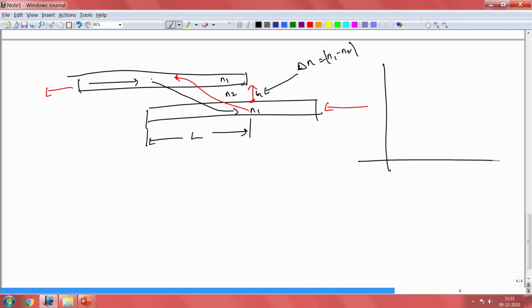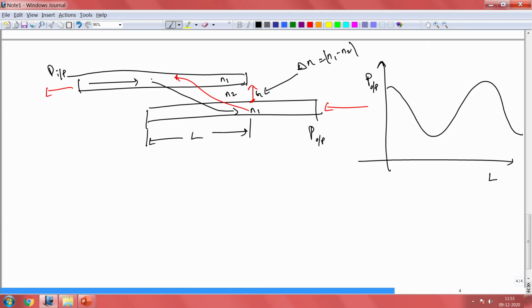So, when there is a change in length, the coupling, let us say power, let us say this is input and this is output. So, the input to output is what you have here. As a function of length, you will have a cosine-like function.